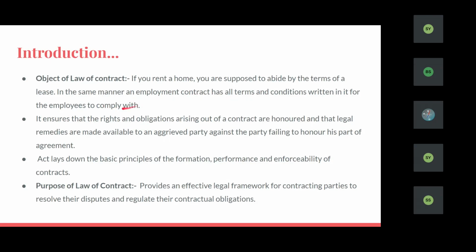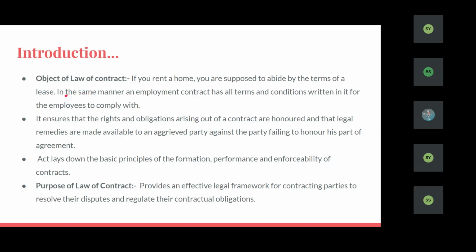So both of them have rights and duties. At the end of the month, the employer is supposed to pay him salary. It is the right of the employees to ask for salary, and also to get perks. Perks are nothing but extra income in case they are working for extra hours. So all these are written in contracts.